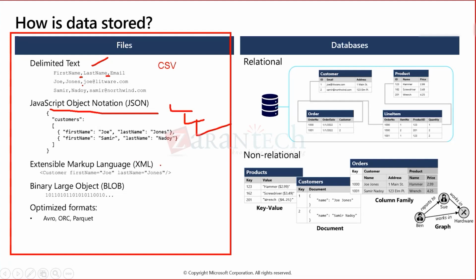Third, which was very popular in the 1990s era, 95, 97, 98, 2000, 2004, 5, is XML. XML is a human readable data format that was popular in the 1990s and 2000s, as I told you. It has largely been superseded by the less verbose JSON format.